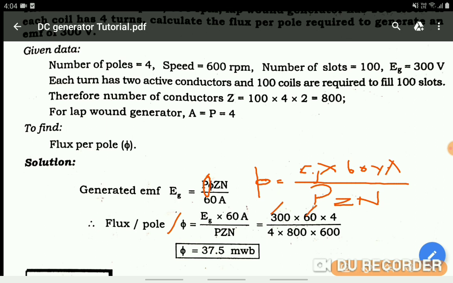EG 300, 60, 4. This 4 is for the number of poles, and here again the number of poles is equal to the number of parallel paths, so A is 4. Then P is 4, 800 is the Z value and 600 is the value of N. From this your phi is equal to 37.5 milliweber.